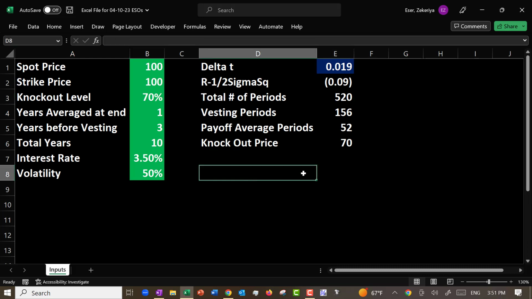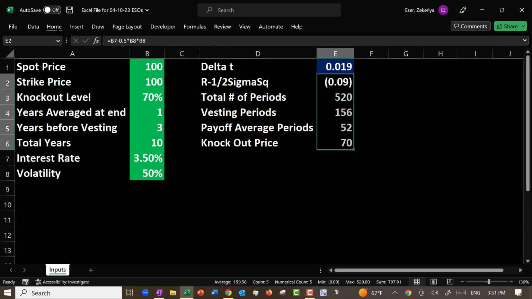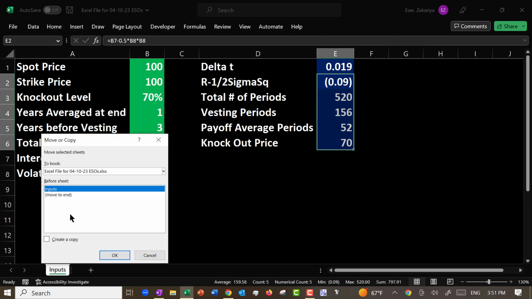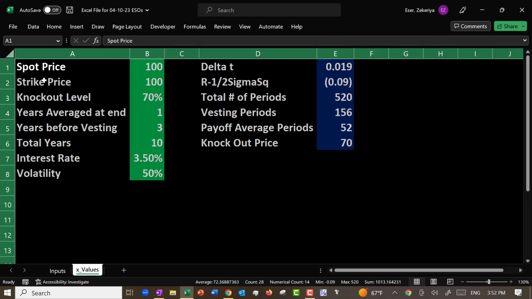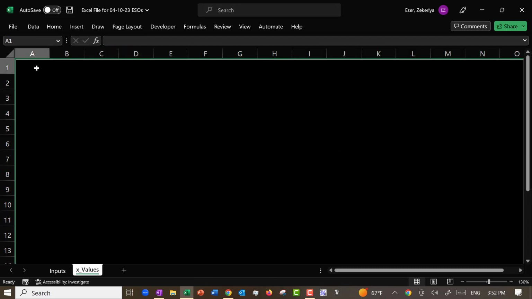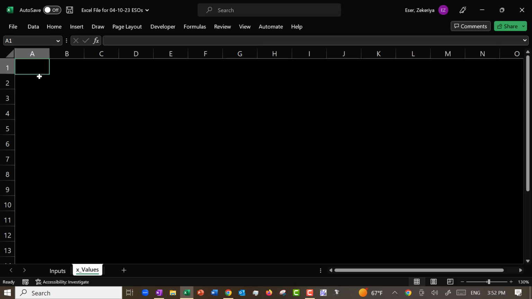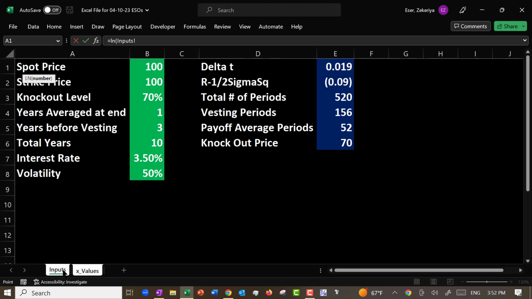Now, these are our inputs. Spot price divided by sigma.